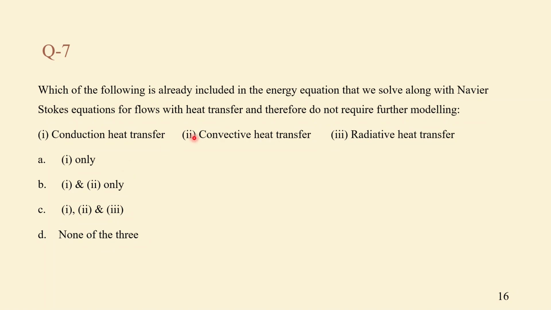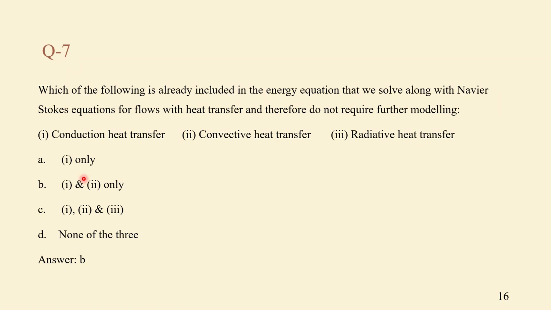But radiative heat transfer effects are not included in the generalized energy balance equation. If radiative heat transfer is happening inside the system, we need to model and solve it separately. The pre-existing terms in the energy balance equation are for conduction and convective heat transfer. So options 1 and 2 only. Option B is the right answer.